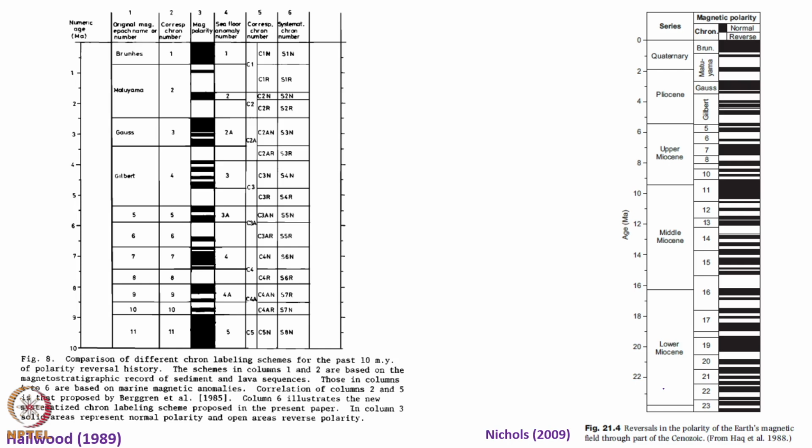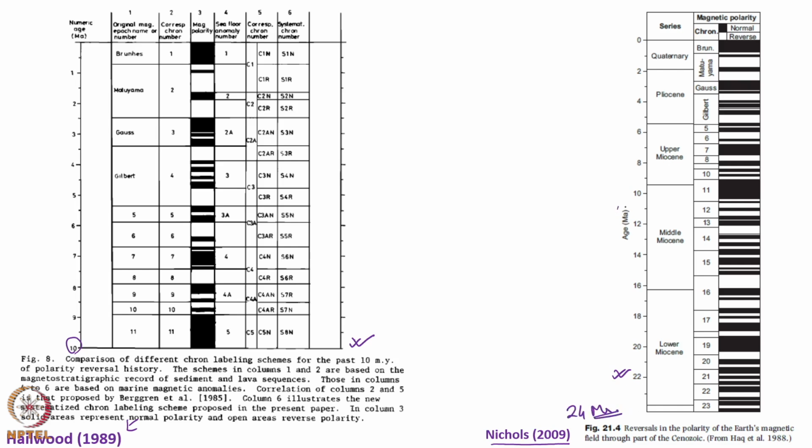I have shown you different ways of nomenclature of the normal and reverse magnetic polarity. Here are two more examples. One is from a book published in 2009, another is an older publication of 1989. In this diagram the last 10 million years of information is presented, whereas in this one it is maybe the last 24 million years.